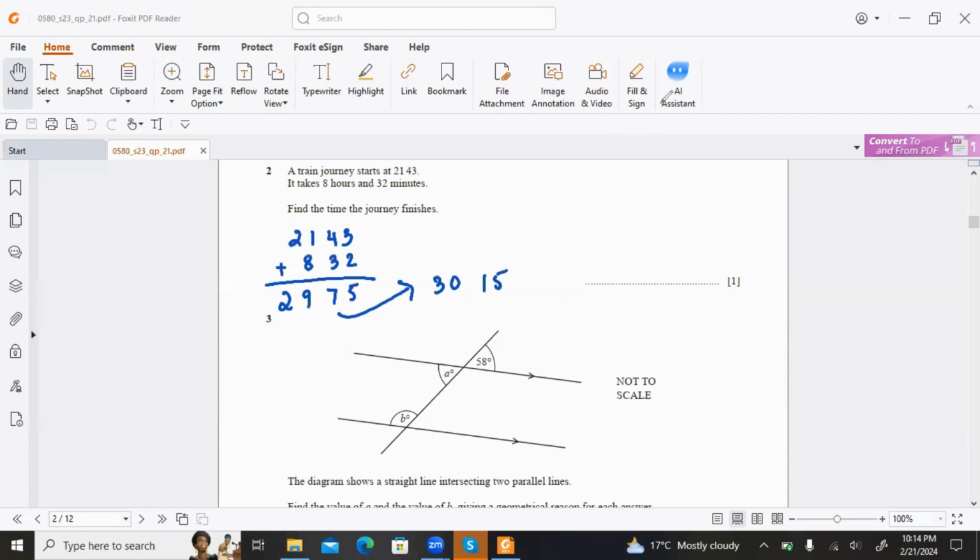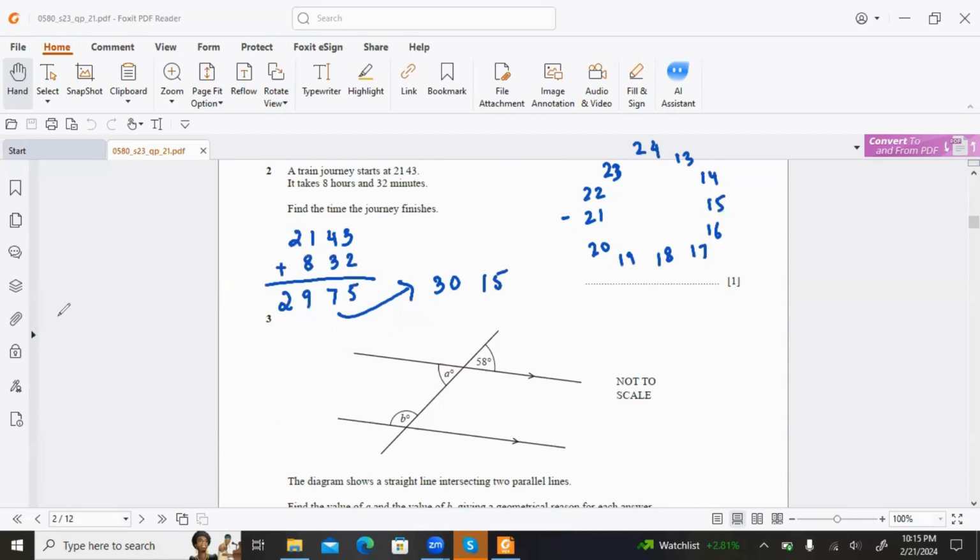Now, if we draw a clock, 24, 23, 22, 21, and 13, 14, 15, 16, 17, 18, 19, 20. So we're starting at 21:43.